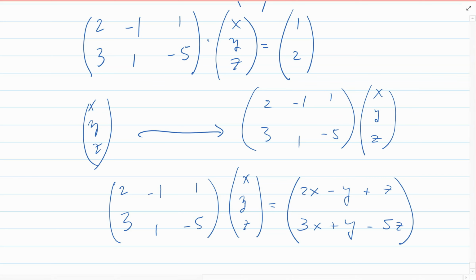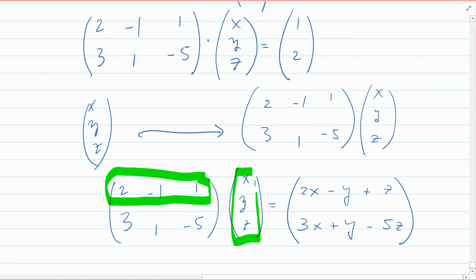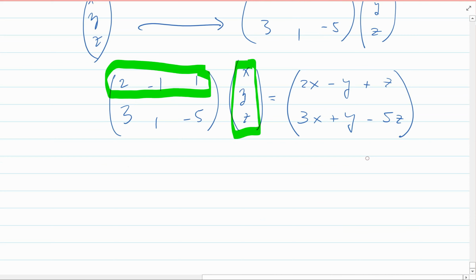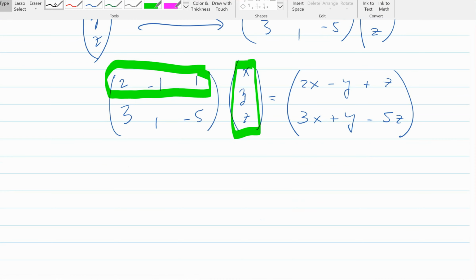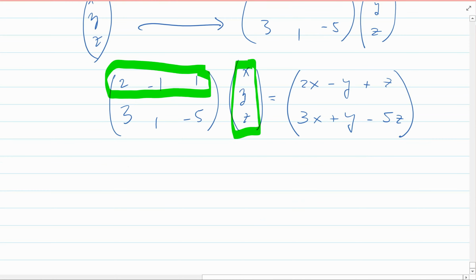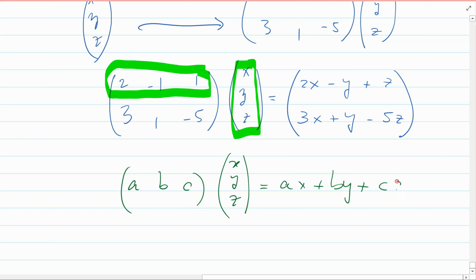So how do I see this? This is how it goes. First of all, we are going to take the first row and multiply it with the column x, y, z. We will define it this way: a, b, c times x, y, z is ax plus by plus cz.